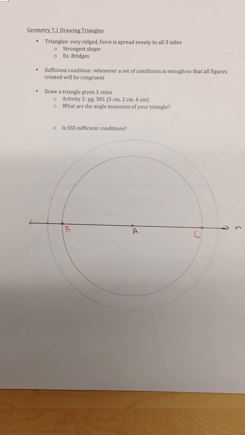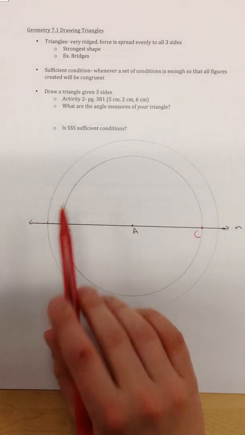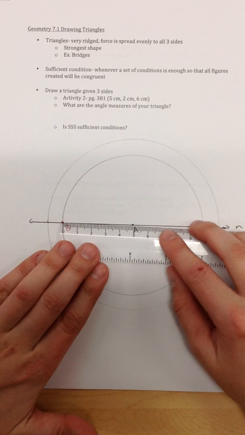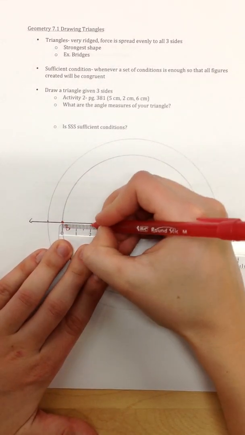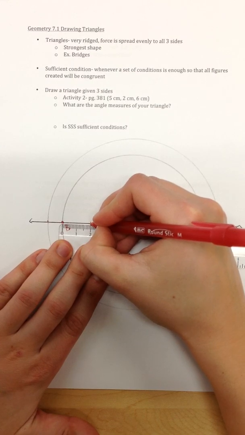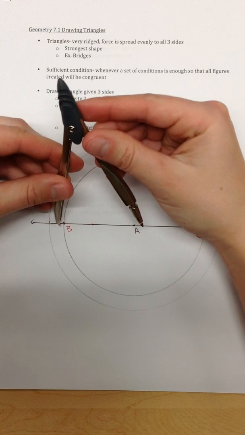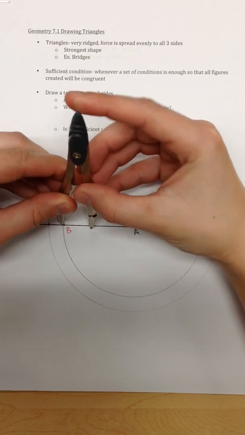Okay, then it wants us to make a circle at B that's 2 centimeters. So now my stab end is going to be on B, and I want to go off 2 centimeters. I'm going to use that same line M and measure 2 centimeters away from B here. Now my stab goes on B because I want that to be the center of my circle, and the pencil on that 2 centimeter mark.